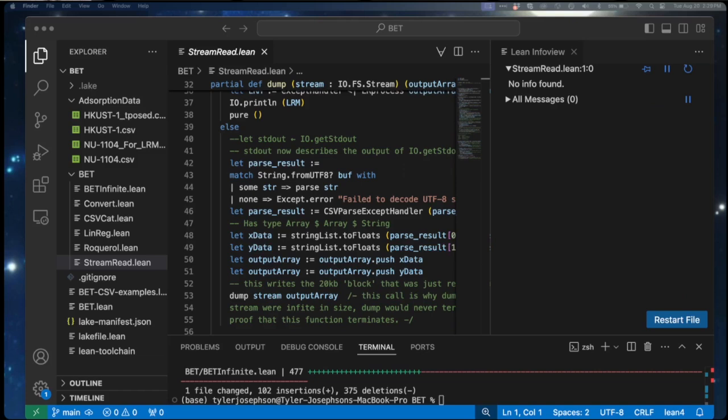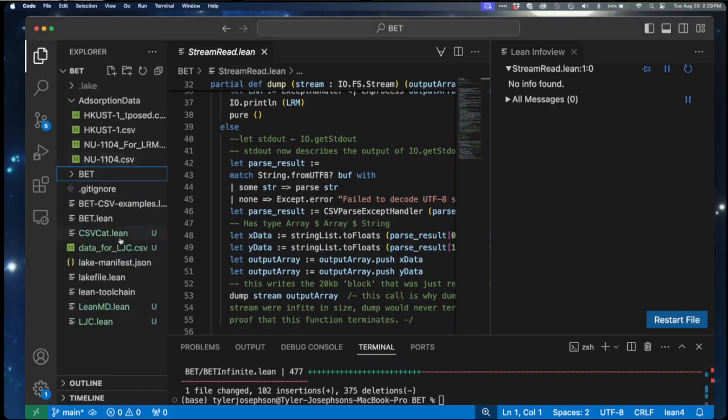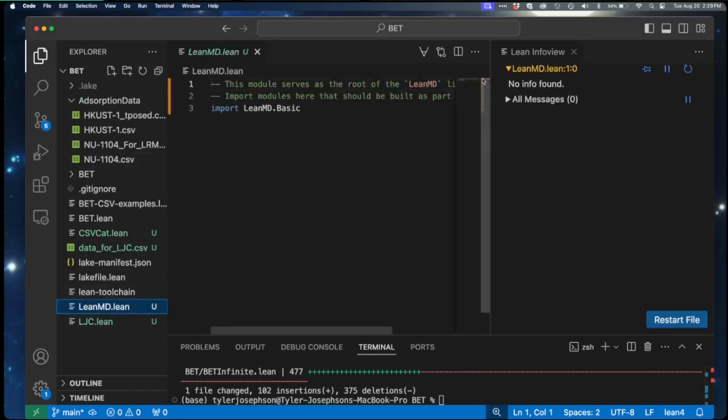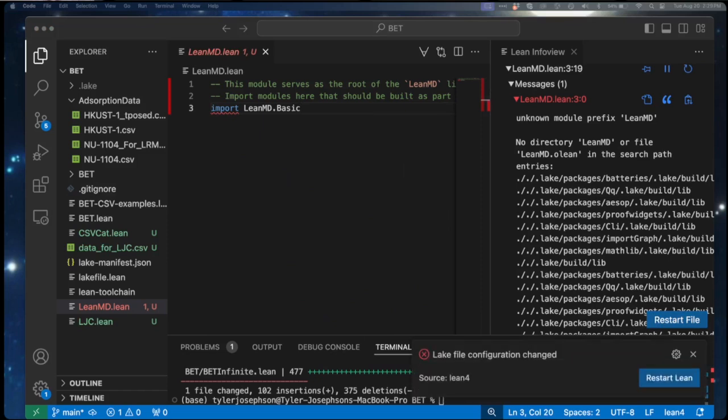I'm going to try to put these in here. Right before class, I was having some issues getting LeanMD here, so I'm just going to drop them in the BET folder and hope they work. All right. Nope. Restart file. Oh, I need LeanMD in the search path. There we go.